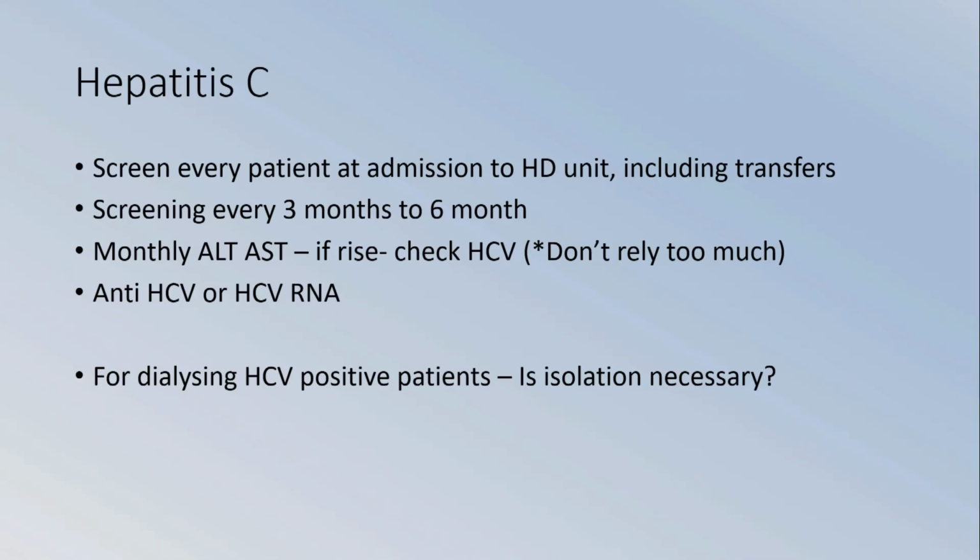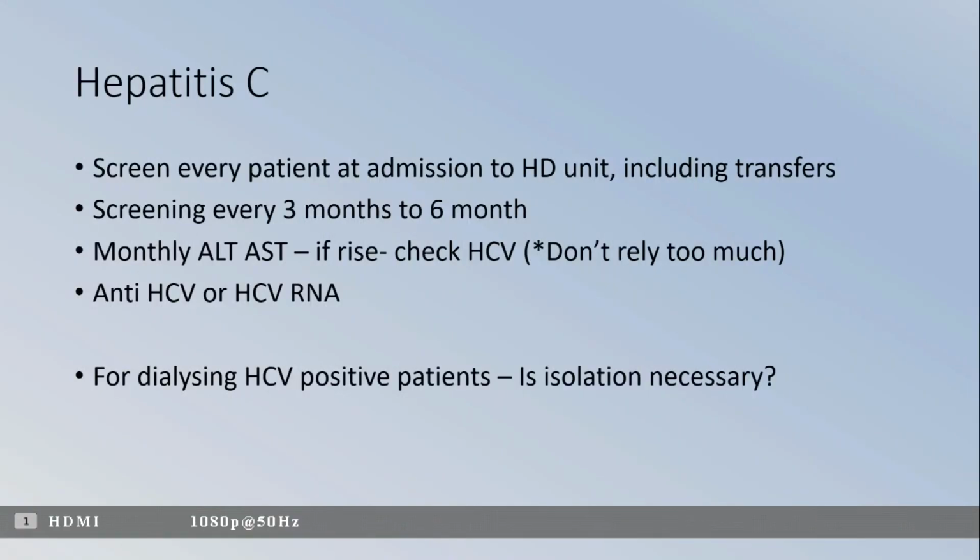But in our country, again, the things are different. And if you look at the Indian Society of Nephrology guidelines, isolation is recommended. And I would also strongly recommend isolation. So a dedicated machine, and if possible a dedicated space. And I would also go one step further, no reuse even for Hep C as far as possible.